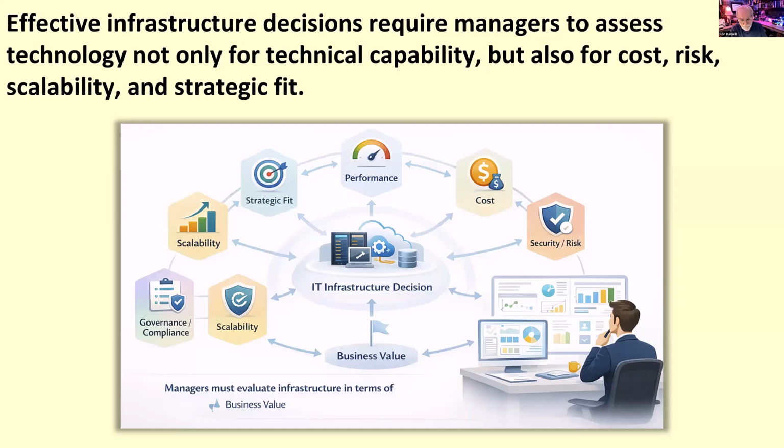The larger lesson is that information systems and infrastructure should always be considered in context. Managers have to connect technology choices to business outcomes. The takeaway is that successful infrastructure management means making technology decisions that are technically sound, strategically aligned, and organizationally sustainable.